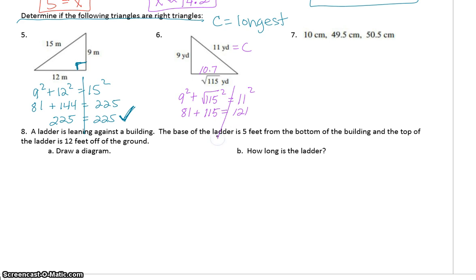We are testing to see if the left-hand side matches the right-hand side. We get 196 equals 121. That is not true, so this is not a right triangle.